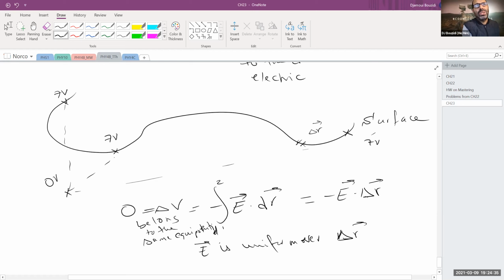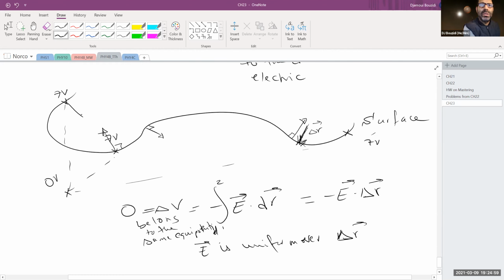So the other option is that these two vectors are perpendicular to one another. So the electric field in here, if it exists, is perpendicular to this surface. If it's pointing this way, or if it's pointing in the other direction, it's perpendicular. So the electric field is perpendicular to the surface all the time, no matter which way you look at it.